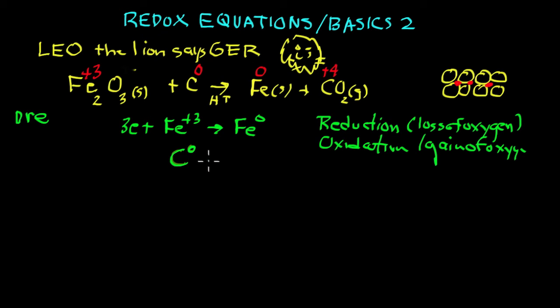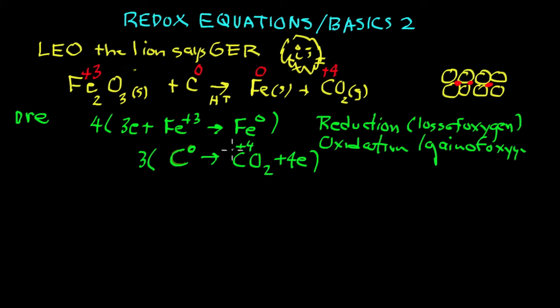And it became, in CO2, it became +4. It means it lost 4 electrons. Okay, that's oxidation. We would have to balance this out, find a common number between 3 and 4 electrons. That would be 4, and this would be 3. So you get this equation balanced.